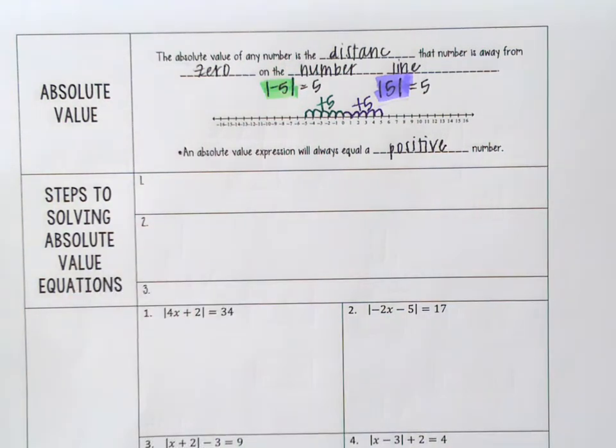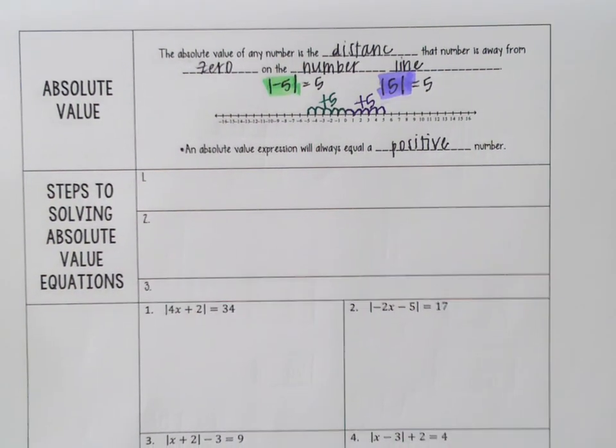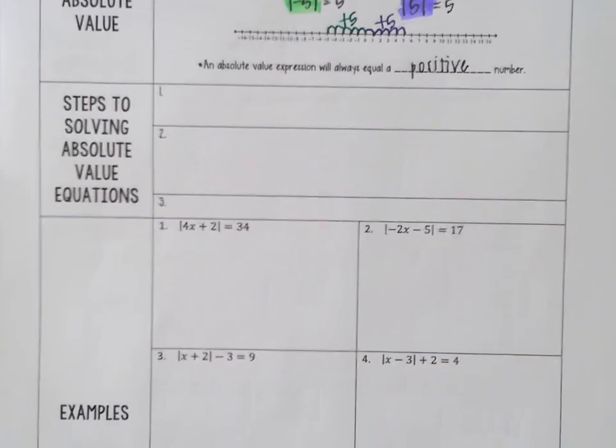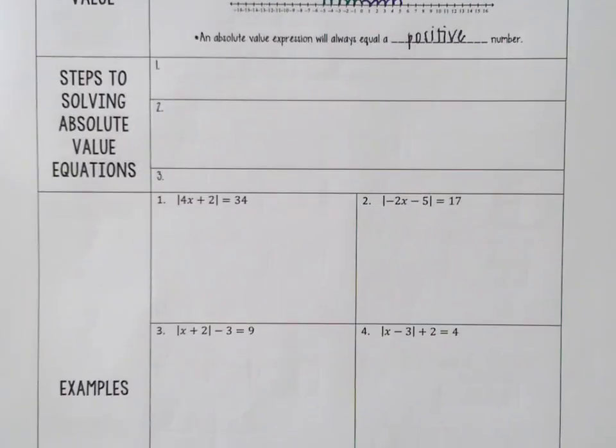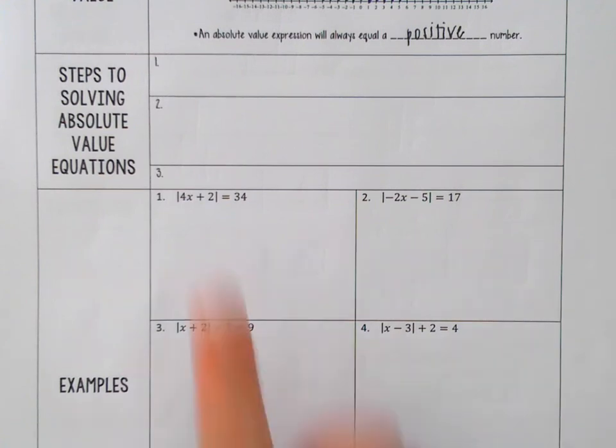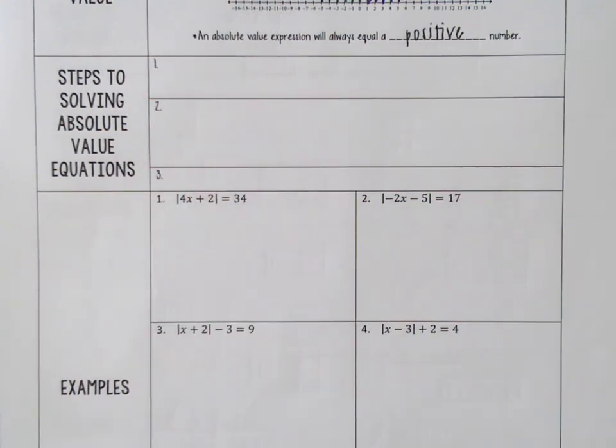So we have 3 steps to solving an absolute value equation. What I'm going to do is write the steps out, and I'm going to solve number 3 while we're writing the steps, just so you guys can see everything.